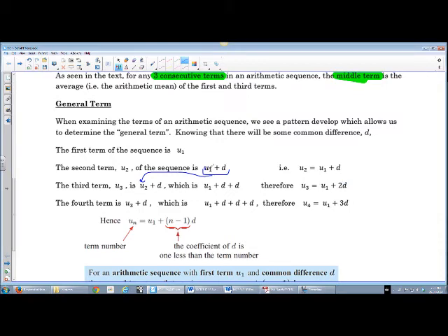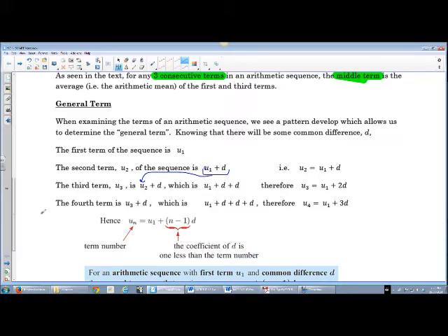Then we continue doing that again. The fourth term is the third term plus some common difference, and we see the third term was the first term plus 2 common differences. Now the fourth term is the first term plus 3 common differences, so u sub 4 is the first term plus 3d.